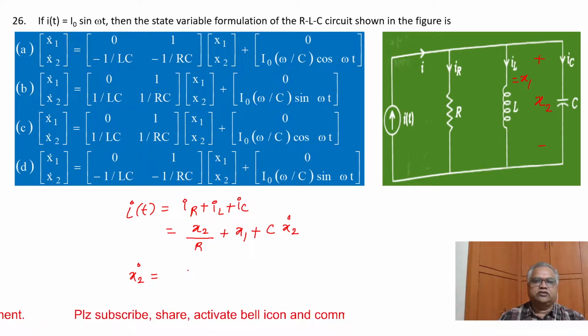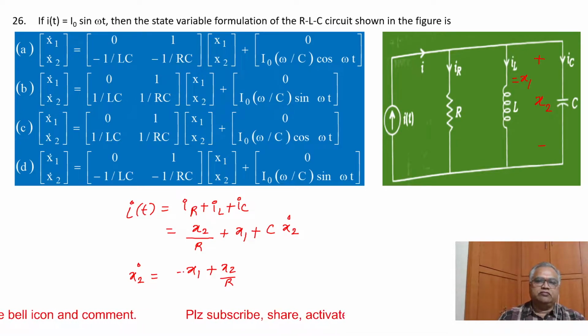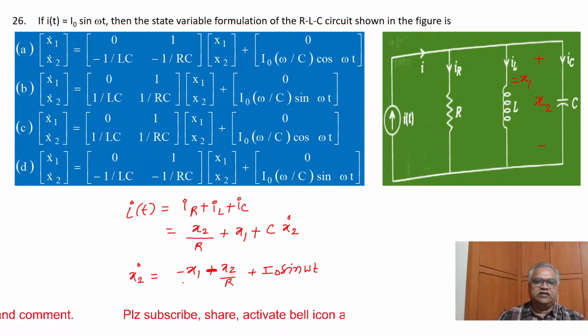Is nothing but minus x1 plus x2 by R. It is coming this side now, minus, is also minus, plus I of t. What is I of t given? I naught sin omega t. And here C is there, so here by C, then RC by C.